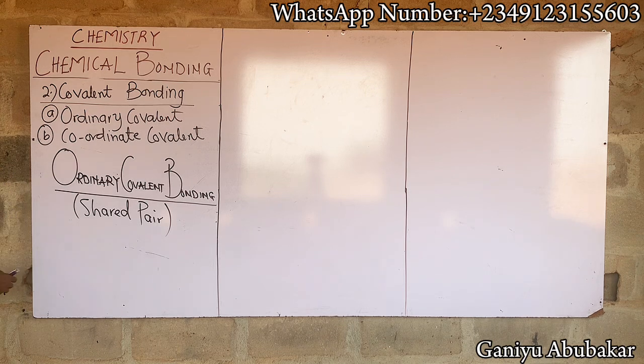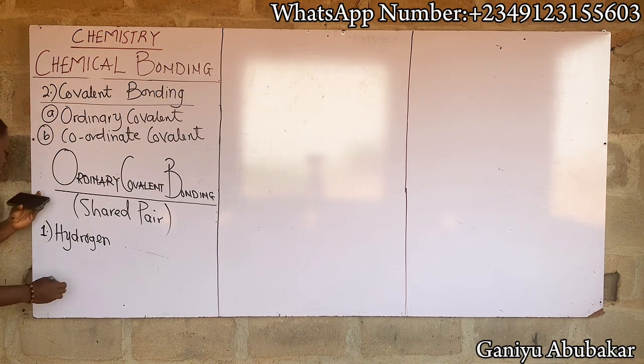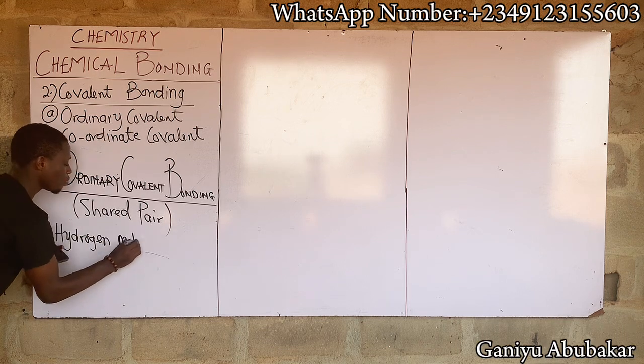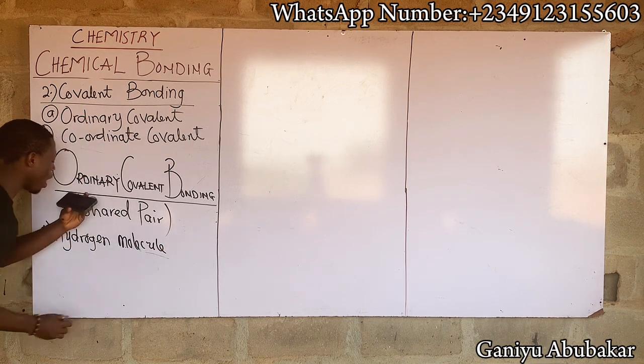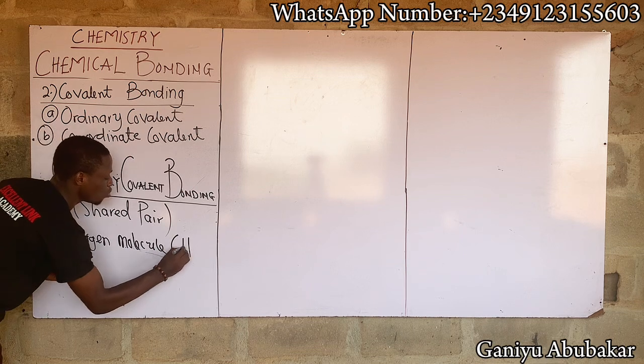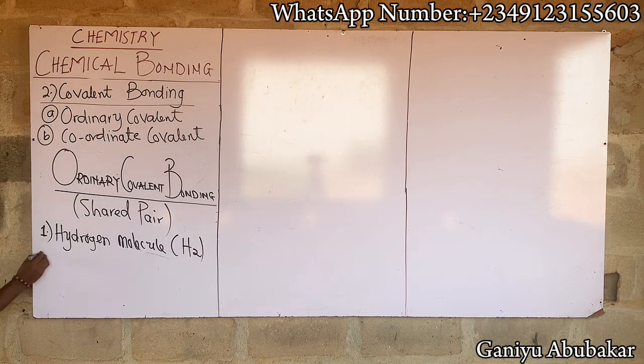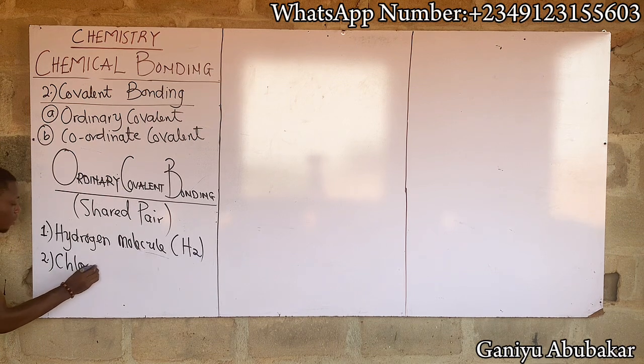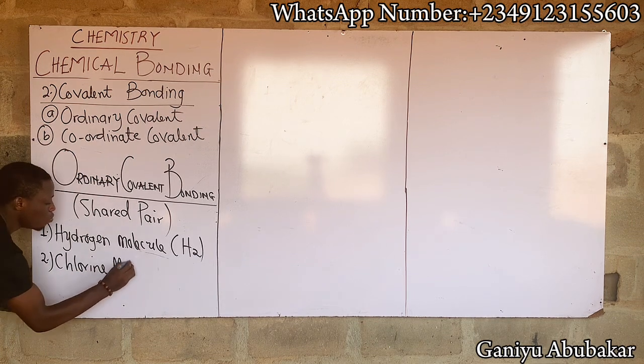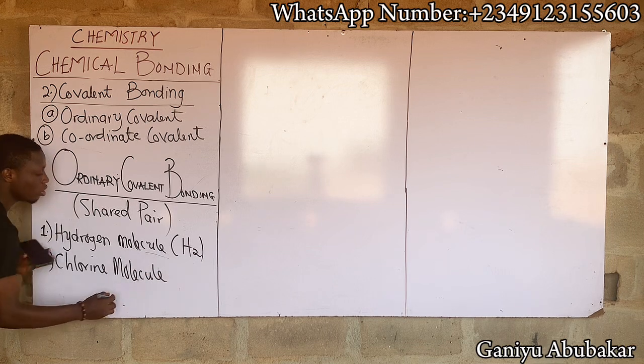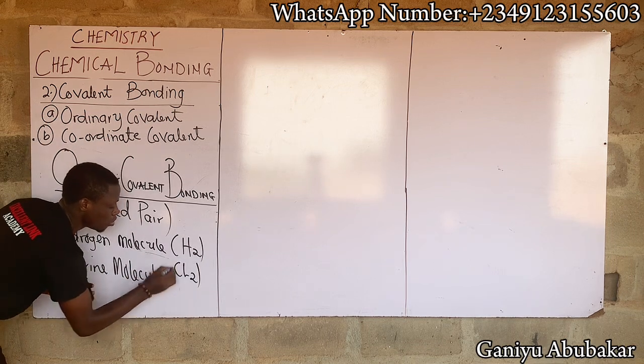Examples of ordinary covalent bonding. Number one, we have the hydrogen molecule, that's H2. Number two, we have the chlorine molecule, that's Cl2.